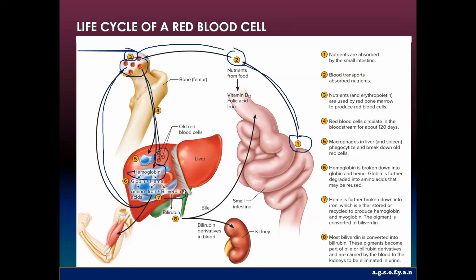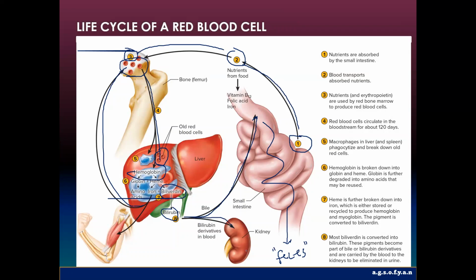The biliverdin will then be converted into bilirubin, and this bilirubin will go as a bile component to our GI tract, and then be removed through the anus as feces. So this feces carries bilirubin. So that's the reason, once again, it has a yellowish brown color because of this bilirubin.